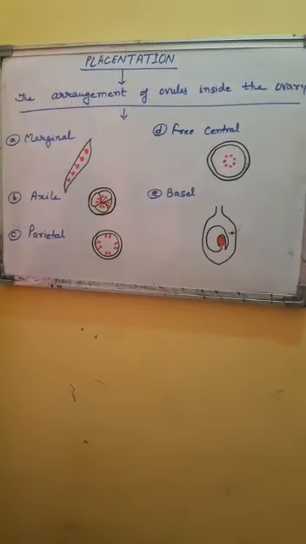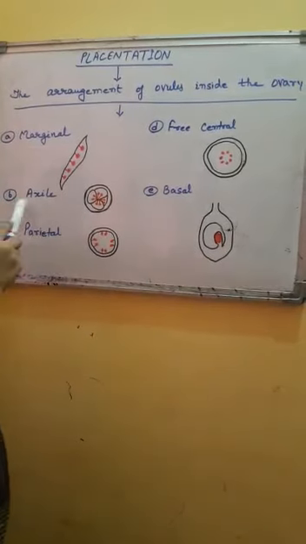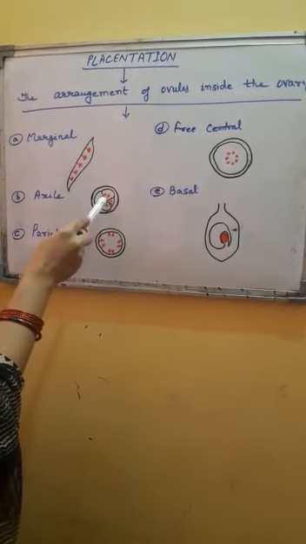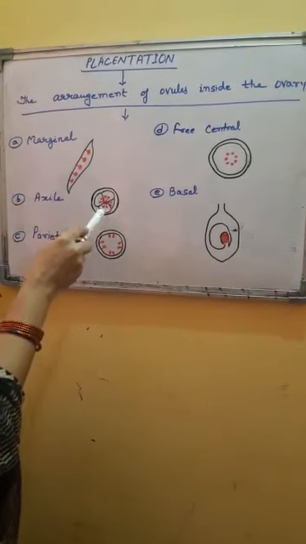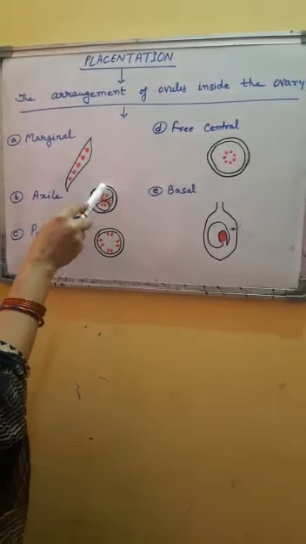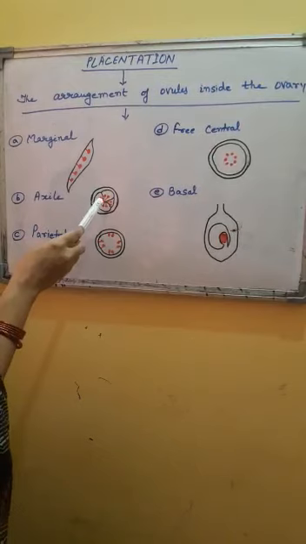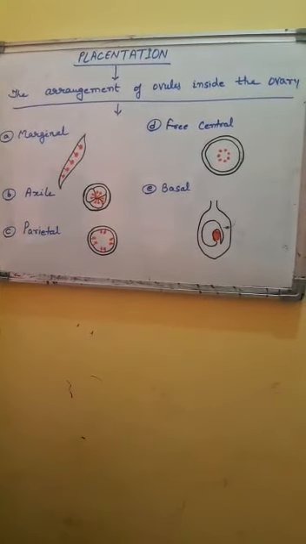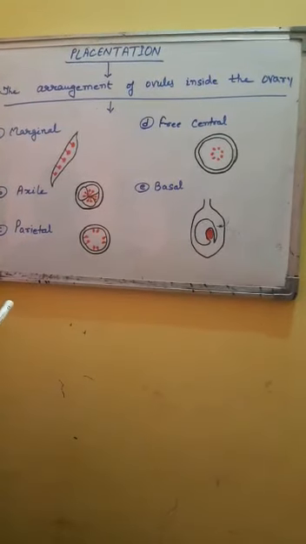Example is pea. The axile placentation, where ovules are born at the center and the ovary is multilocular, having various chambers, and at the center ovules are born. Example, tomato, lemon, China rose, etc.